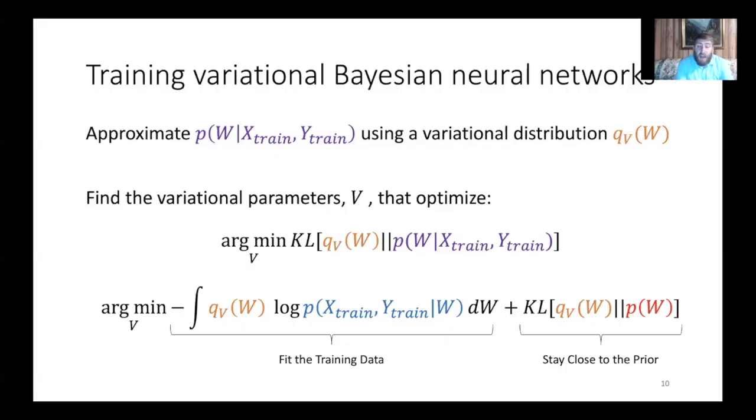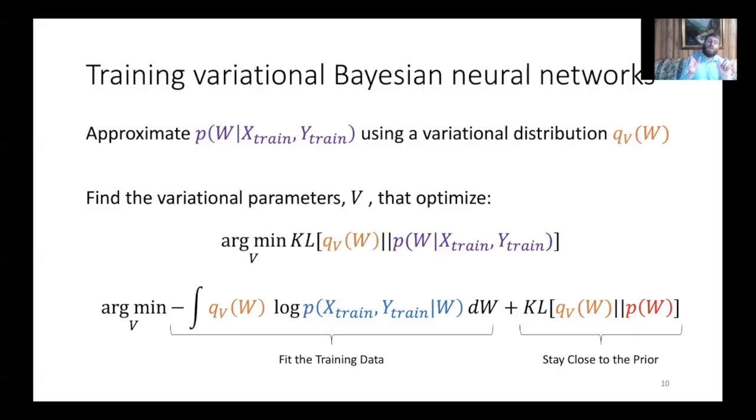What this turns out to be is that when you are minimizing your Kullback-Leibler divergence, you are minimizing the terms at the bottom of the slide.